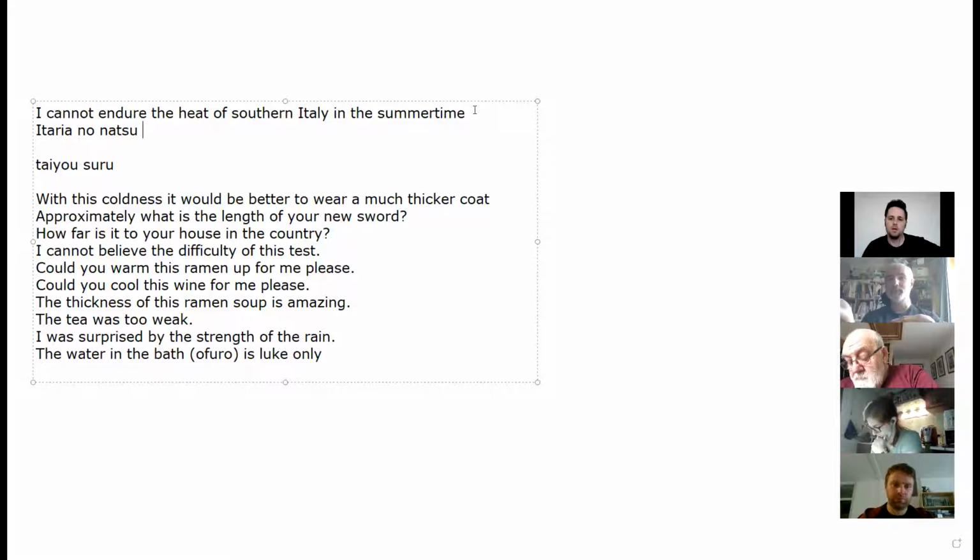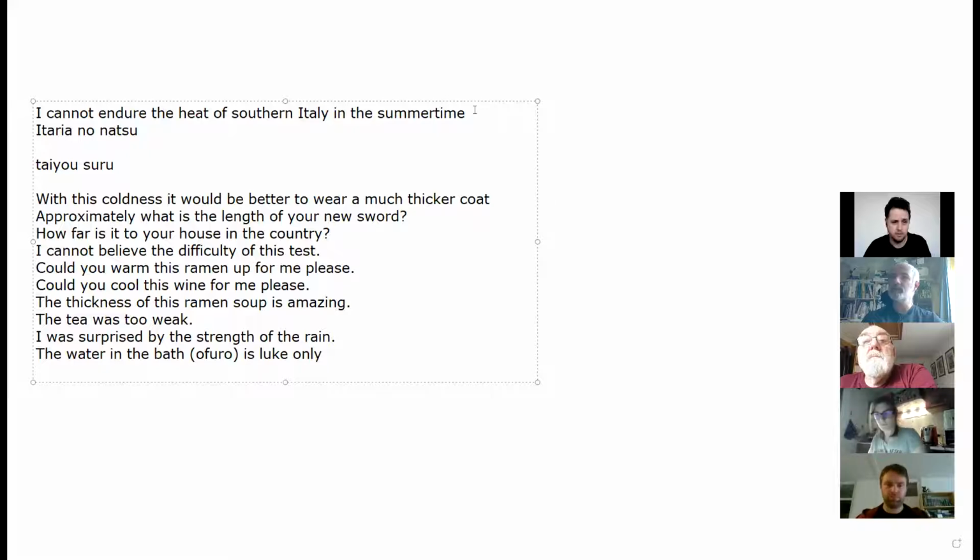But in this case, we would use the degree of heat, the degree of hotness. Atatakai. No, atatakai means pleasantly warm. Unpleasantly hot is atsui, isn't it?